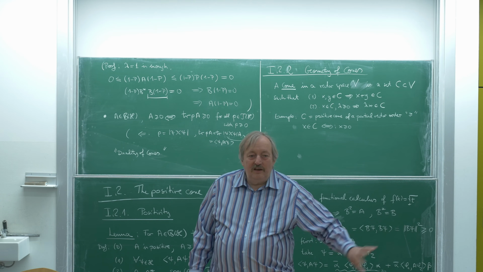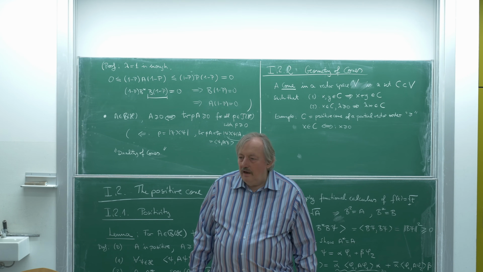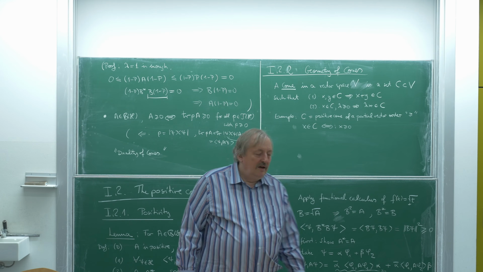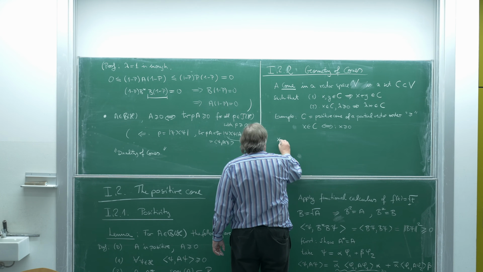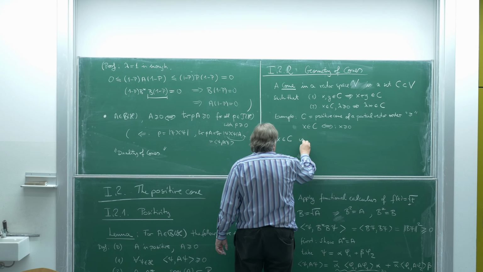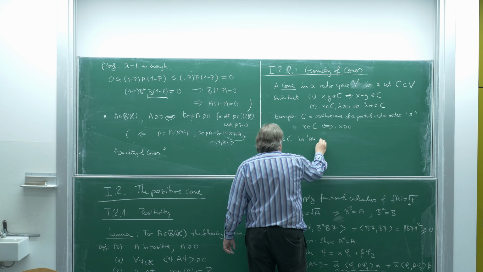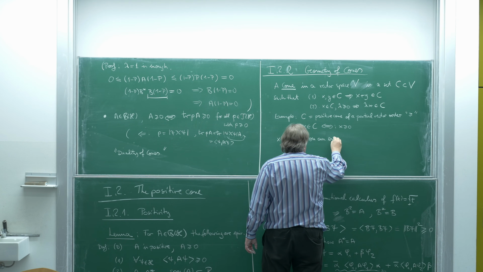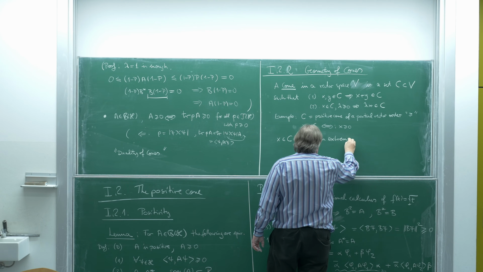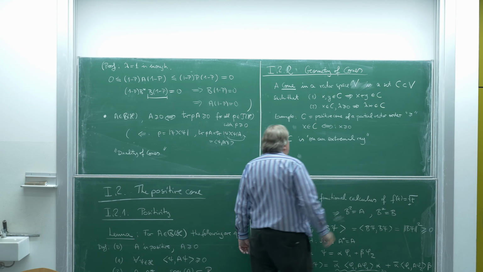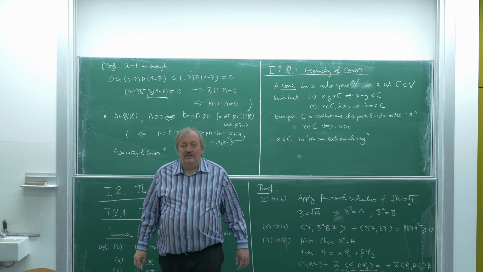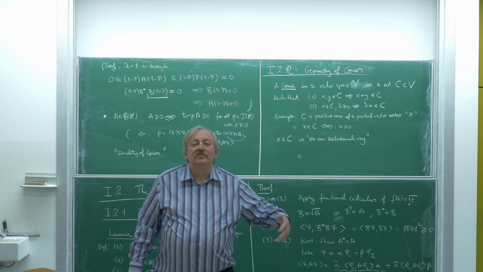So there is a specialized notion of extremality. So x in C is on an extremal ray, and you might slur this to saying it's extremal in the cone sense, right?